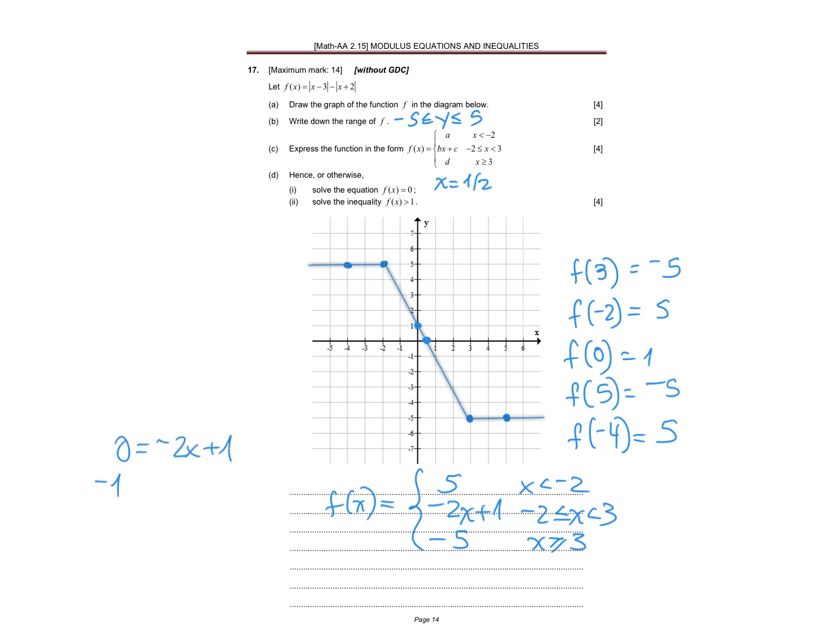So -1 divided by -2, 1/2. Okay? And solve the inequality, f at x greater than or equal to 1. So we have all the x's before 0 are greater than or equal to 1.